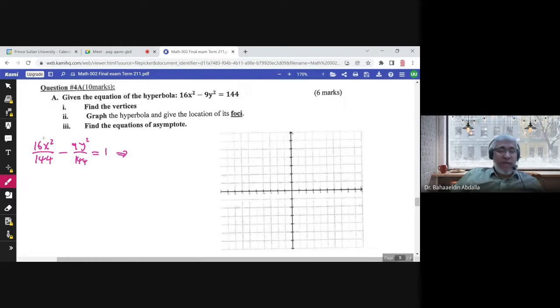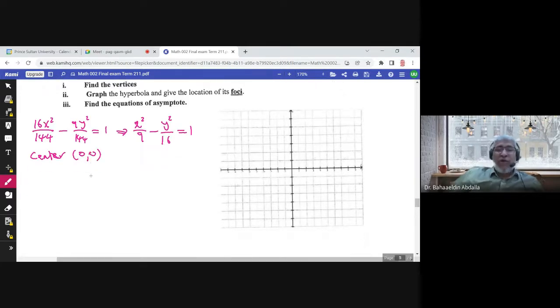Then simplify, divide by 16, and you will have x squared over 9 minus y squared over 16 equals 1. And this is a hyperbola with center 0, 0.